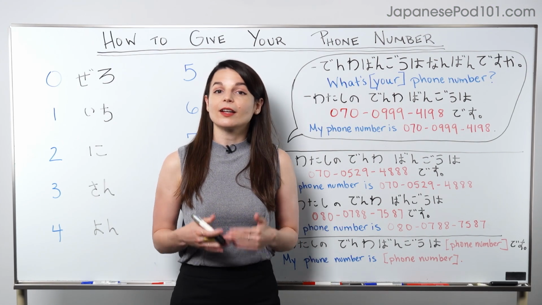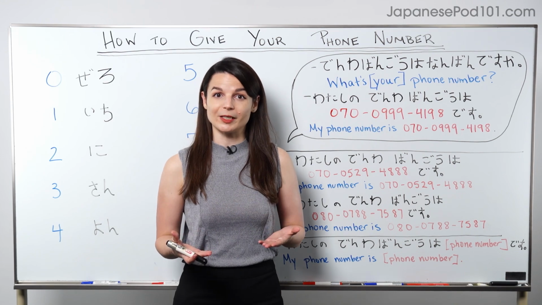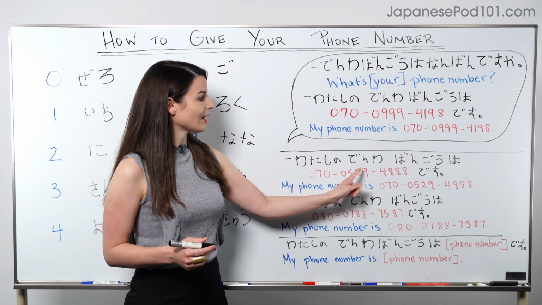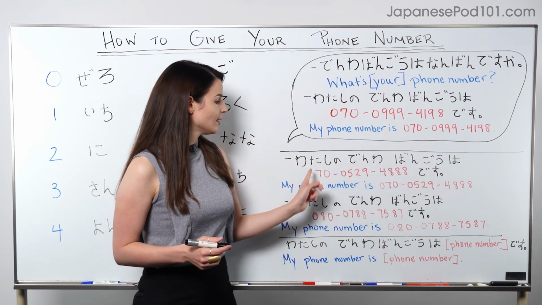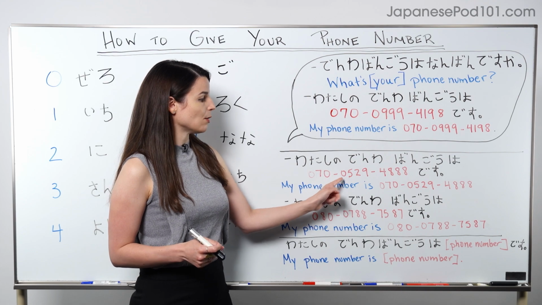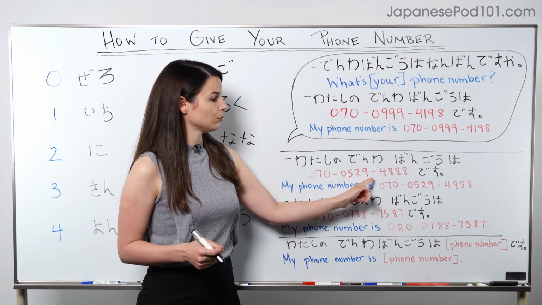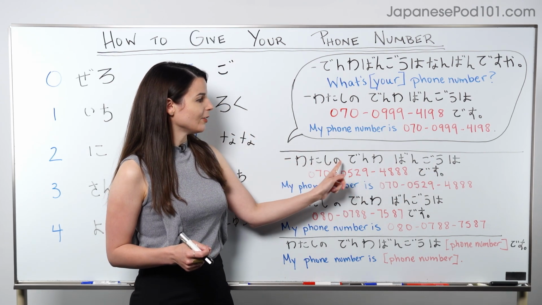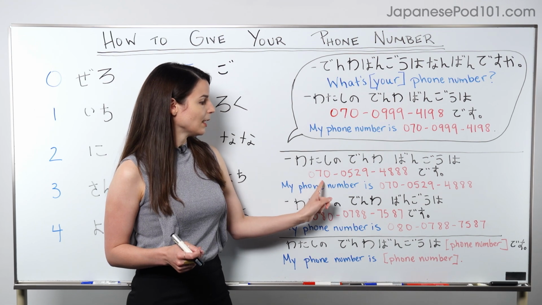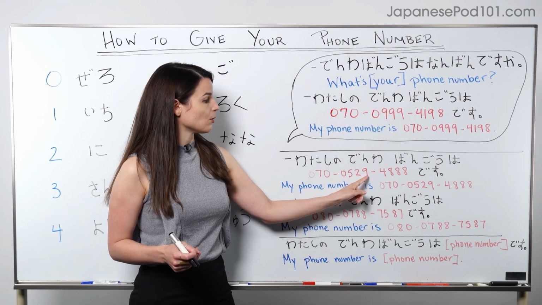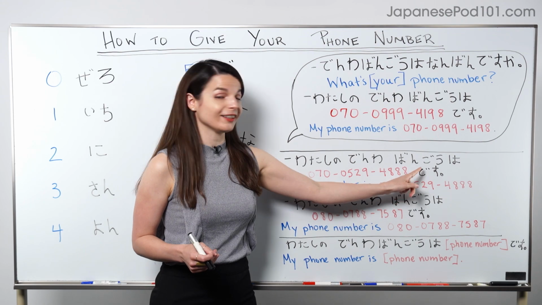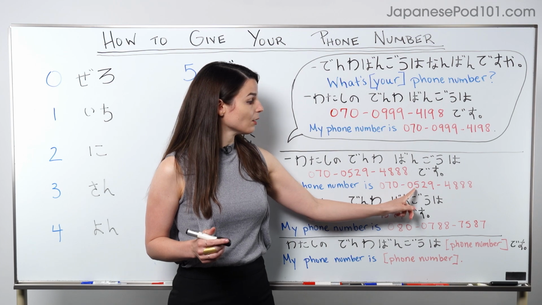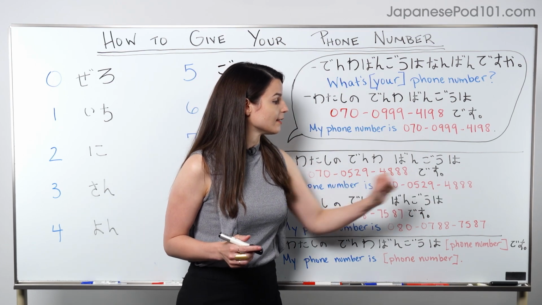Okay, let's take a look at some example responses that use this pattern. First example sentence here. 私の電話番号は070-0529-4888です。Which means, my phone number is 070-0529-4888.